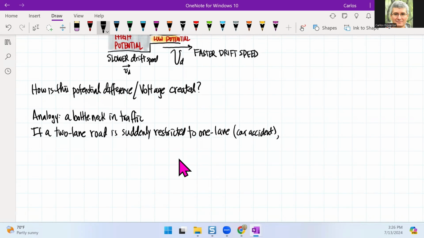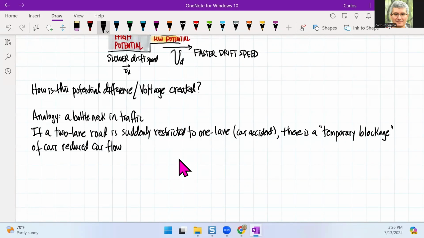What happens? There is a temporary blockage before things get settled here. But the temporary blockage of cars reduces car flow. After things have settled, then we get motion again.